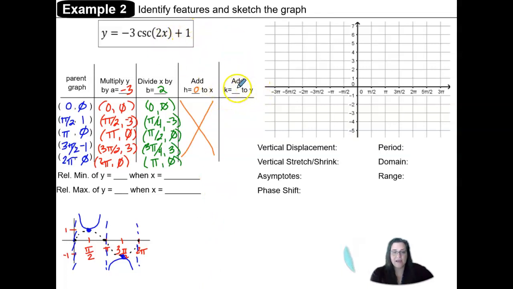and here the k is 1, so our vertical displacement is that this graph is going up 1 unit. So we're going to add 1 to all these y values. So the x stays the same, and undefined plus 1 is still undefined. Pi over 4.